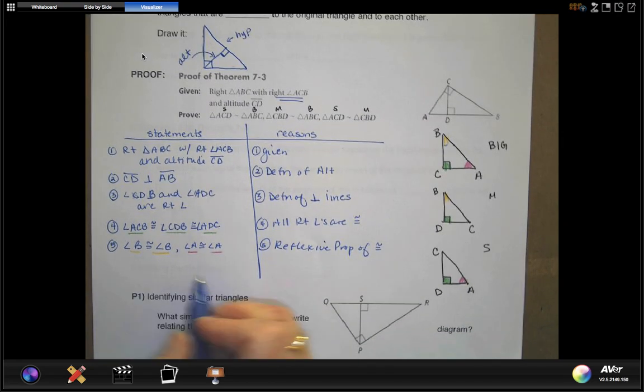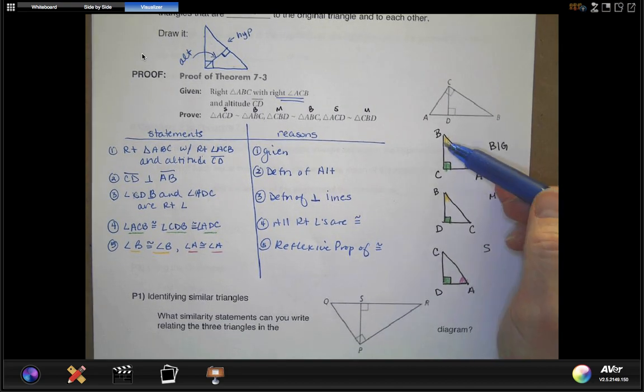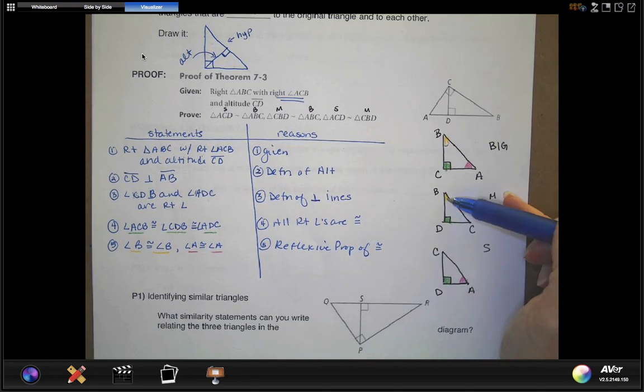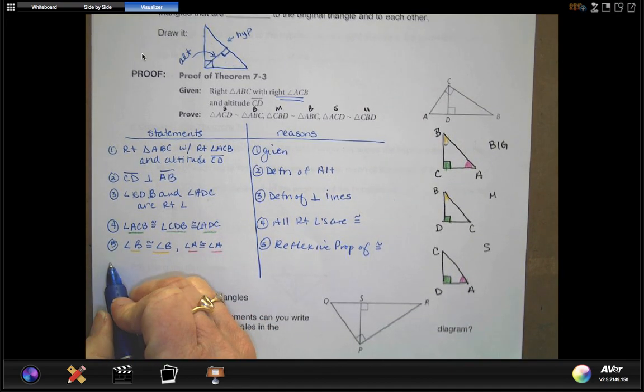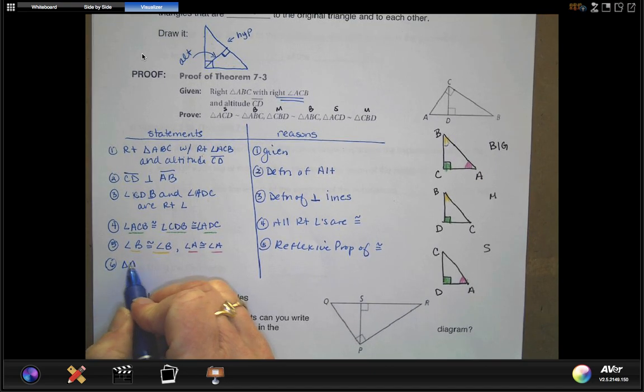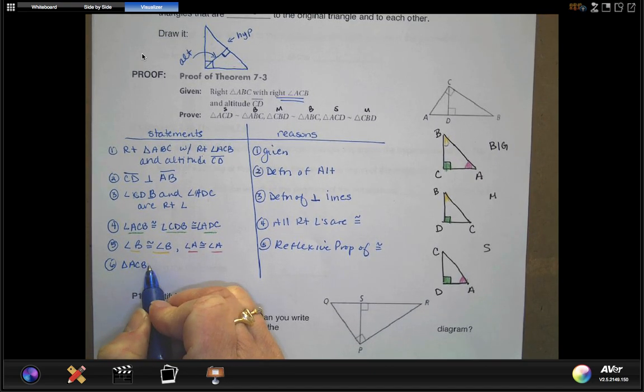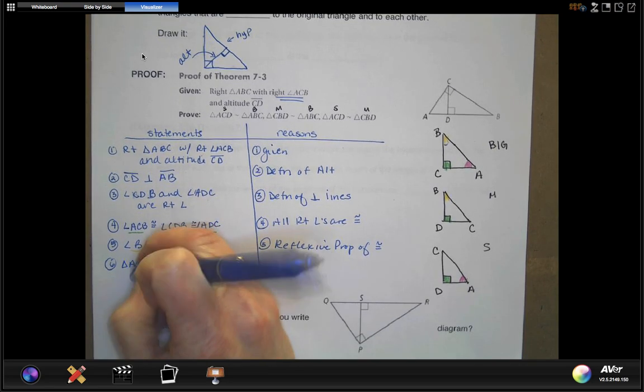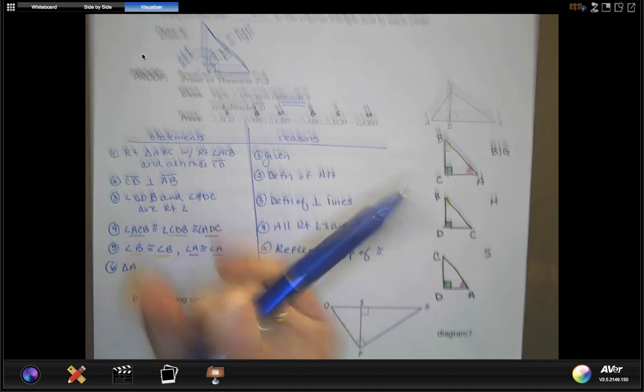So, okay, let's look at my pictures here. I've got yellow and green, green and pink, green and pink. So I already have two pairs of triangles congruent here. Let me call it by what they're called up here so we don't get confused.